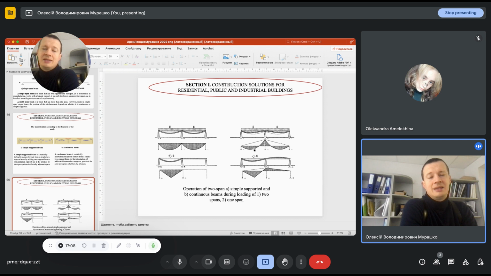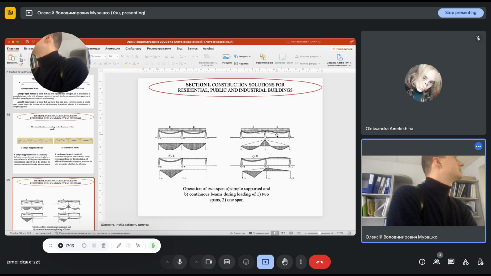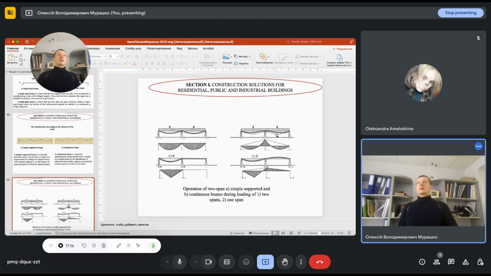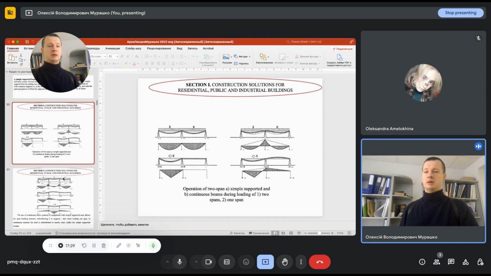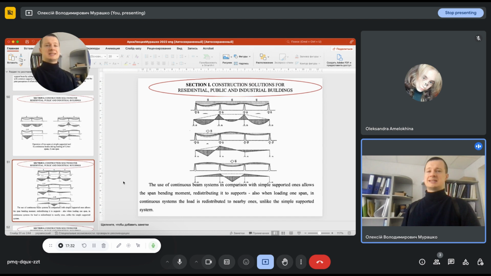So this additional support and this behavior of the building like a continuous beam gives us an ability to redistribute bending moments from the span and relocate them to the support of the building. And it is the same situation when we are talking about a multi-span beam loaded by a concentrated single span load.